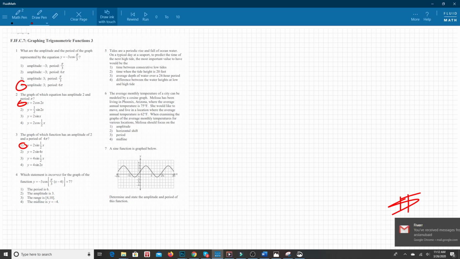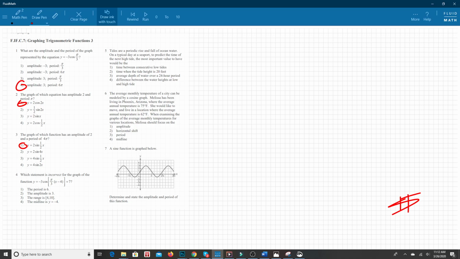Four says, which statement is incorrect for the graph of the function y equals -3 cosine of pi over 3 times x minus 4, plus 7. Does this have a period of 6?